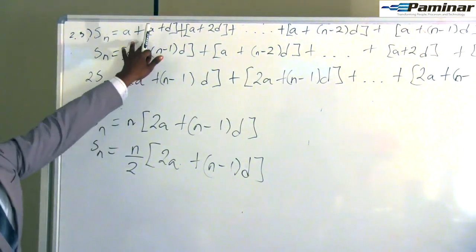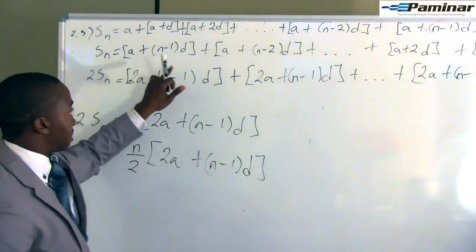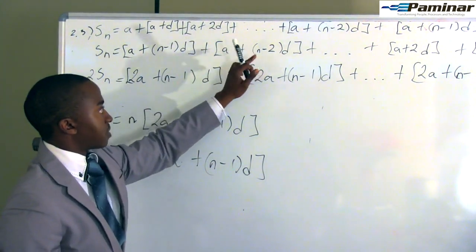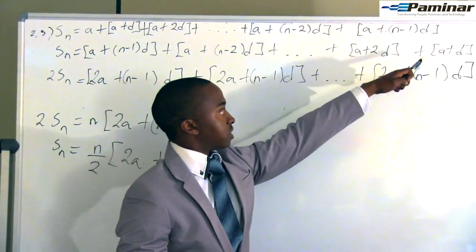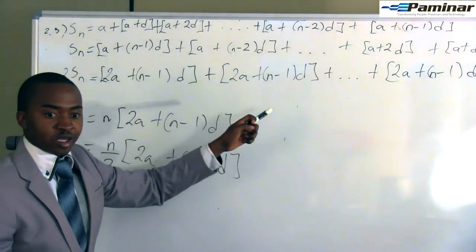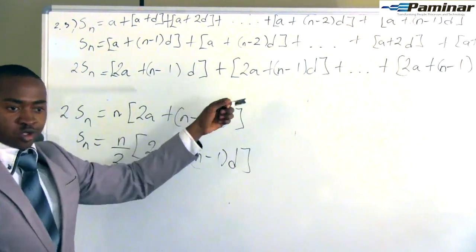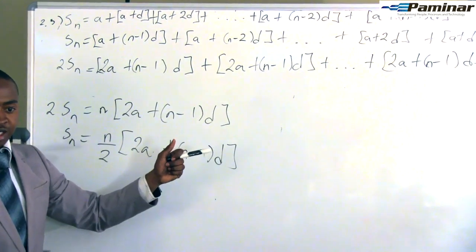We started off by adding the first terms of the sequence, then those two, then eventually we just added the last two. All in all, we're trying to show that whatever we add up, the first two or the last two or the middle two, we're still going to get 2a plus (n minus 1)d.